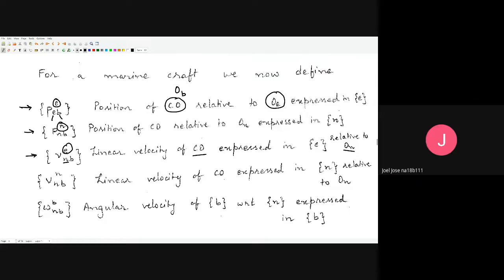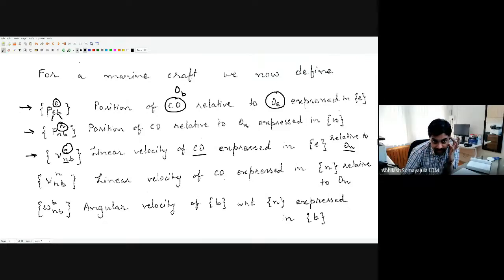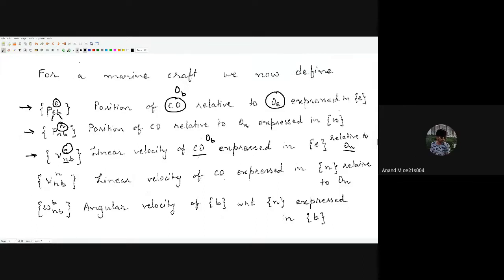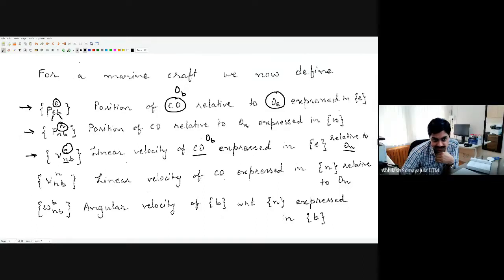Sir, what about the B? That B is the coordinate origin, OB, the origin of the body fixed frame. So we are going from ON to OB, and I'm trying to express that vector in the E frame. Similarly, VNB superscript N will be the linear velocity of the OB point relative to the ON point expressed in the N frame.